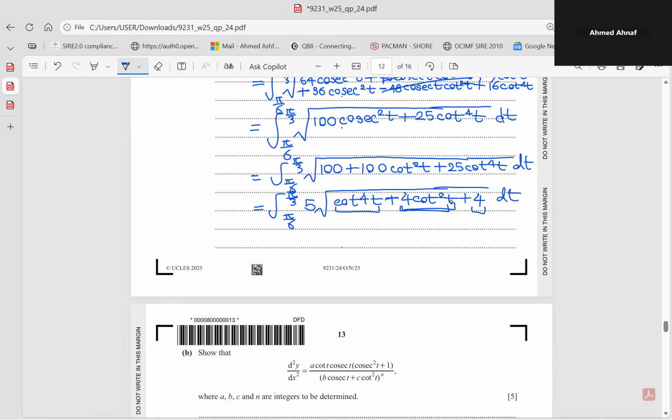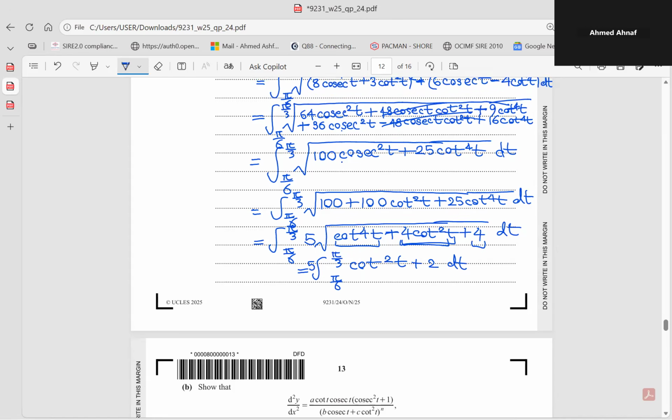So we can immediately write, with the 5 outside, cotangent squared t plus 2, dt.